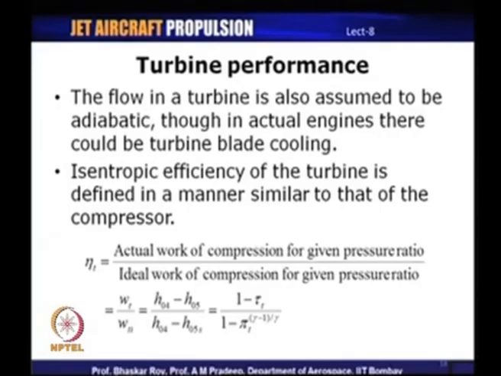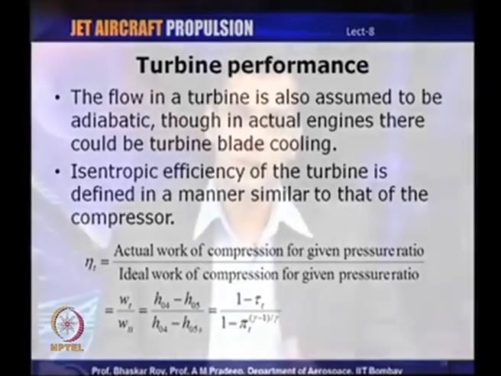This can be simplified the same way as we did for a compressor. This would be equal to 1 minus tau subscript T, which is the total temperature ratio across the turbine, divided by 1 minus pi T, which is the pressure ratio across the turbine, raised to gamma minus 1 by gamma.